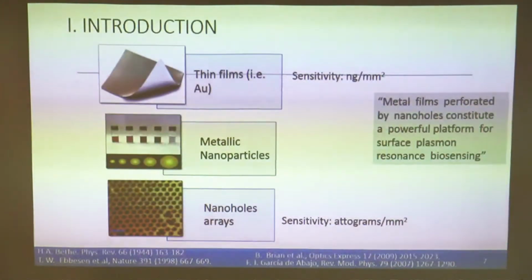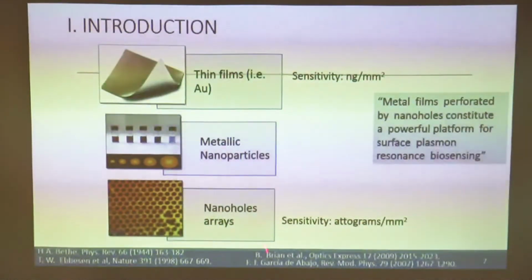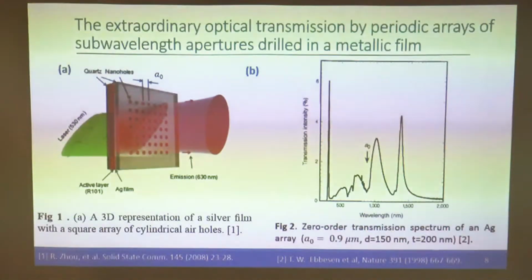For example, this is for gold. This is for silver. I can see the enhancement around 300 nanometers. That was my motivation, and also using plasmonic biosensing with these arrays of apertures on metallic surfaces.